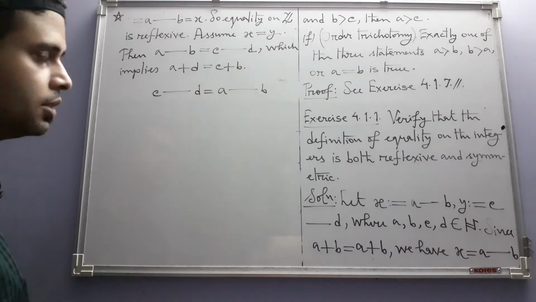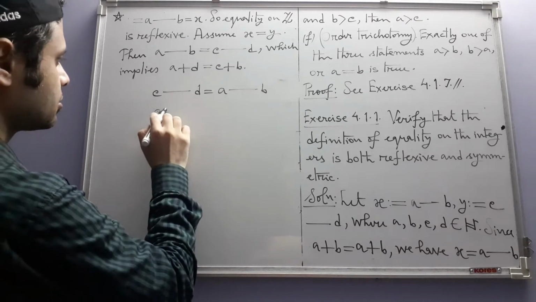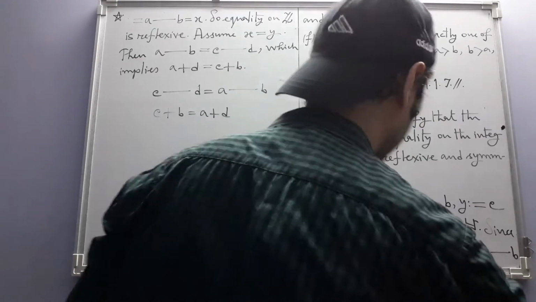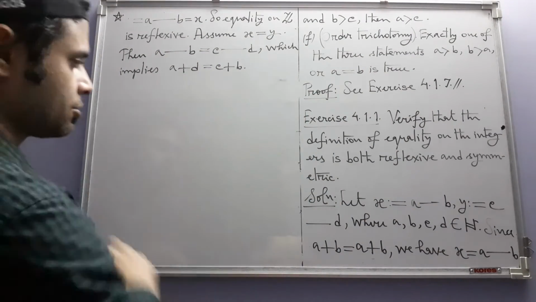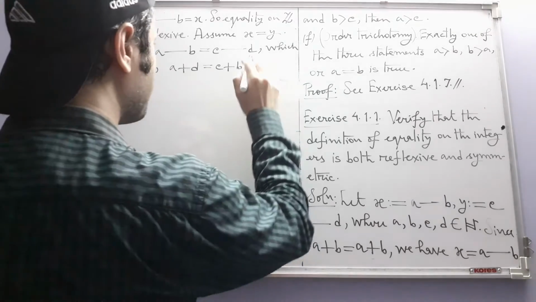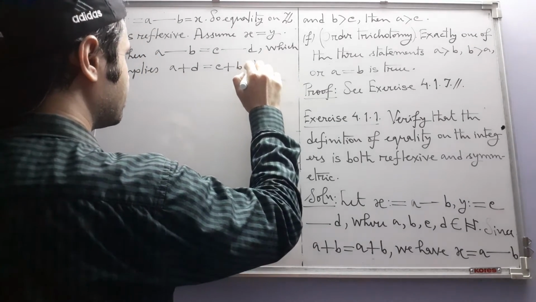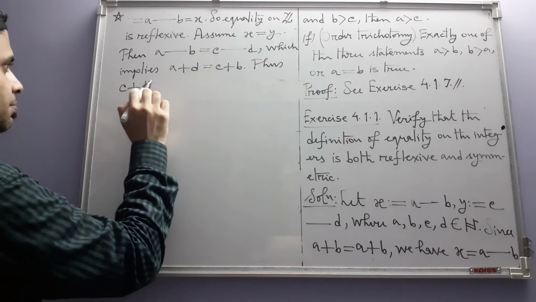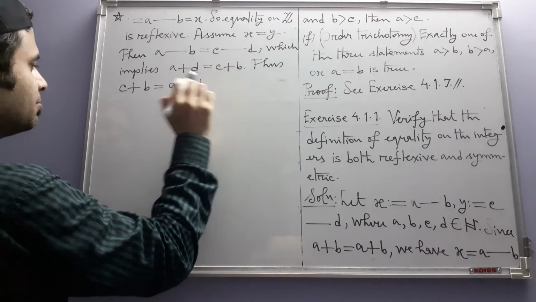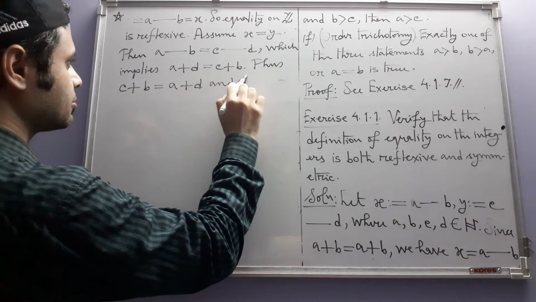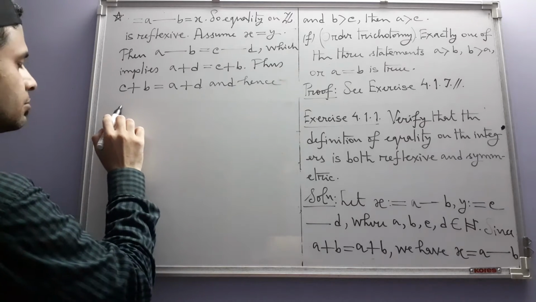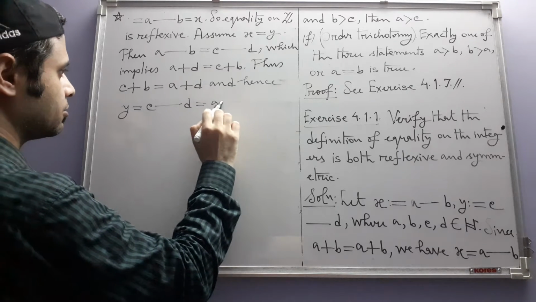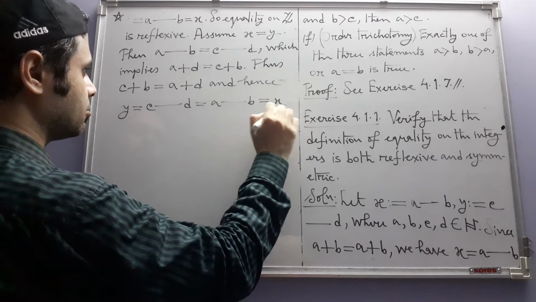According to this precise definition, we need c plus b is equal to a plus d. So here also we don't have anything much to do. Thus c plus b is equal to a plus d, and hence y is equal to c dash d equal to a dash b equal to x.